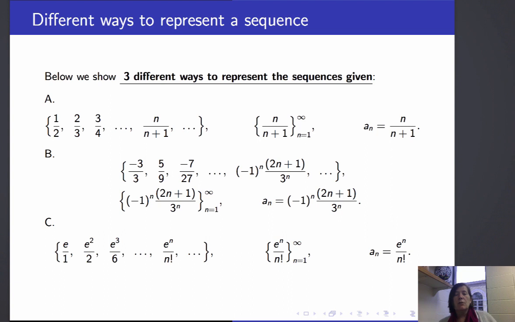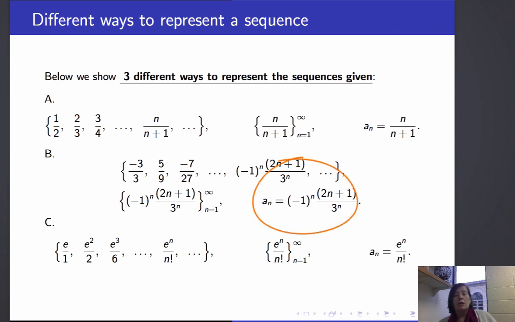So the second sequence, b, we can again describe in any one of these 3 ways. The first few terms: minus 3 over 3, 5 over 9, minus 7 over 27, and the general formula for this alternating sequence is (-1)^n times (2n+1) over 3^n.